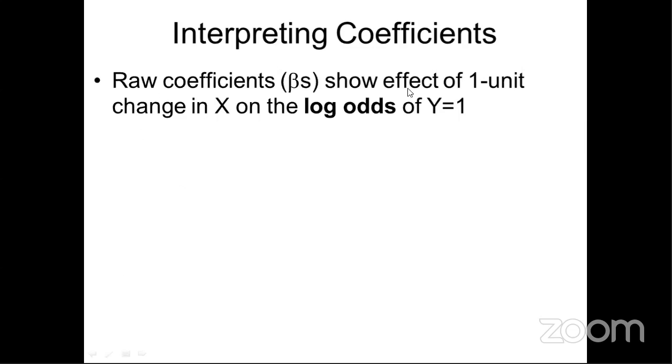Then the interpretation of the coefficients of this gun ownership model: the raw coefficients, that is the betas, show the effect of a 1 unit change in x on the log odds when y is equal to 1. For example, if you take the level of education, the effect of 1 year of education on owning a gun.